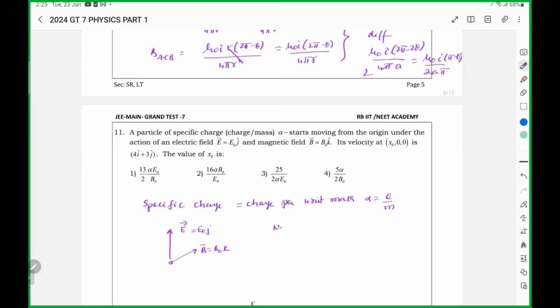So net will be the force due to electric field. But here, force on charged particle due to magnetic field.